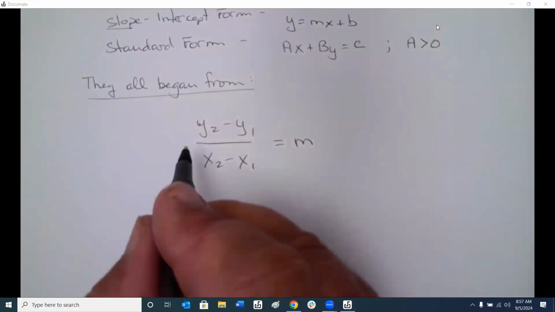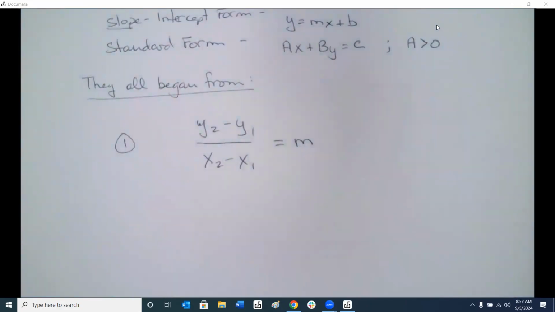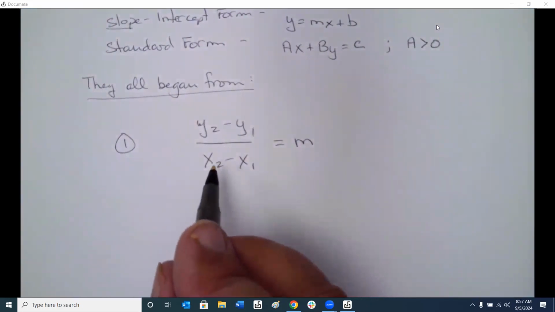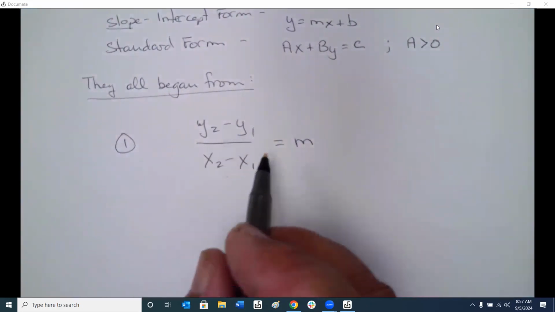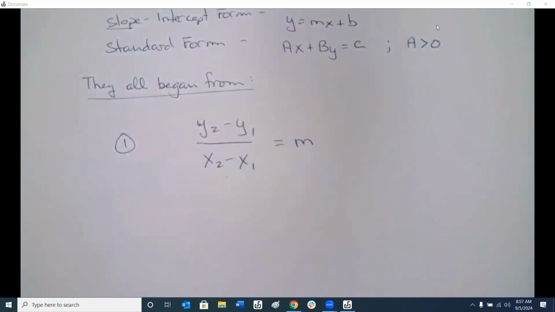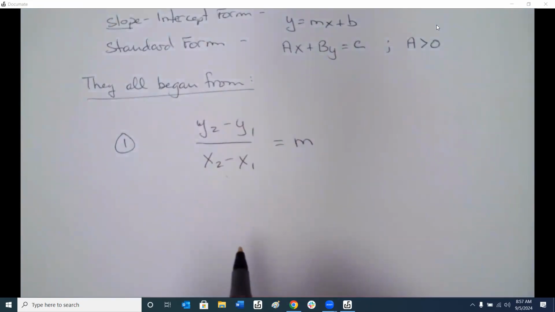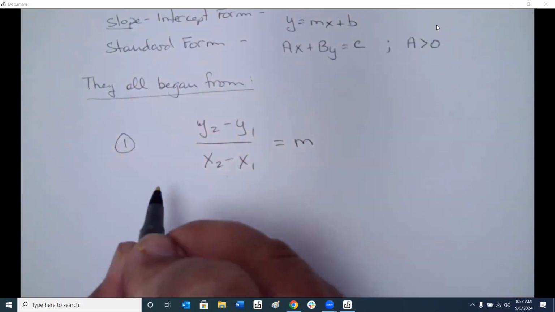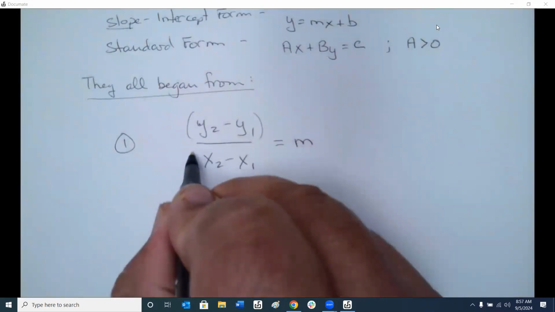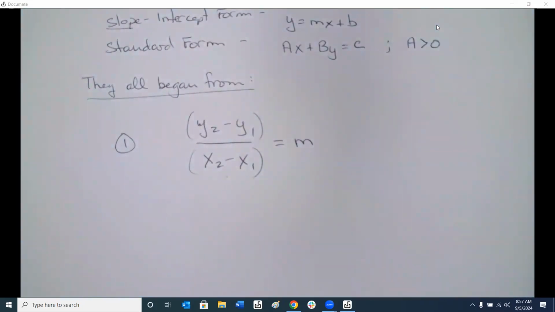For example, here's our first equation. That's the slope equation. Whenever you have a fraction and an equal sign, this is throughout the rest of this course, get rid of the fraction. How do we do that? Multiply both sides by the LCD, by the denominator.